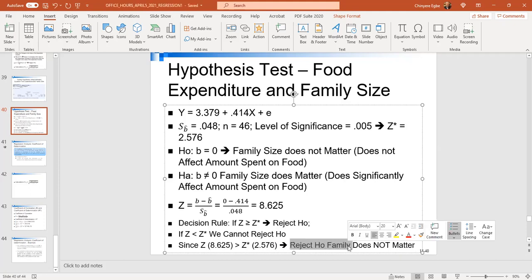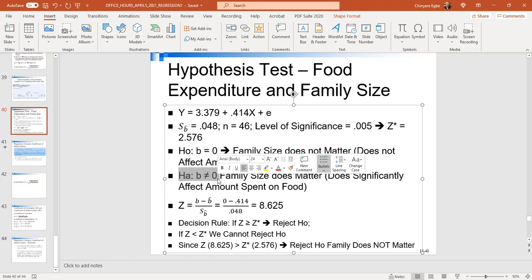We are rejecting the null hypothesis that family size does not matter. Therefore, since we are rejecting that B is 0, we are concluding that B is not equal to 0, which means that family size does matter.